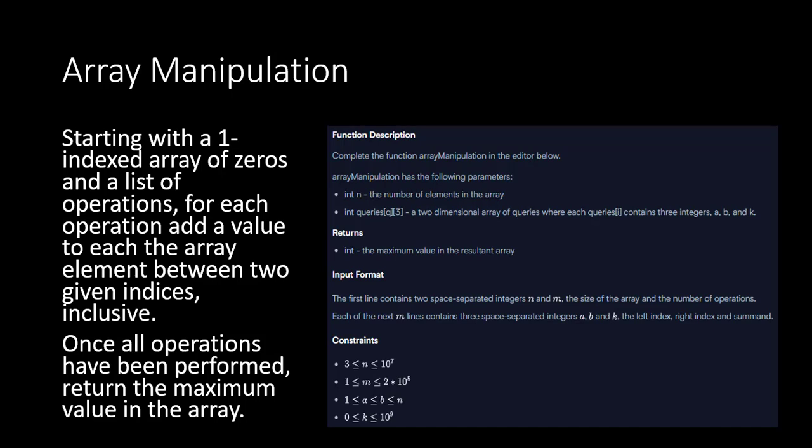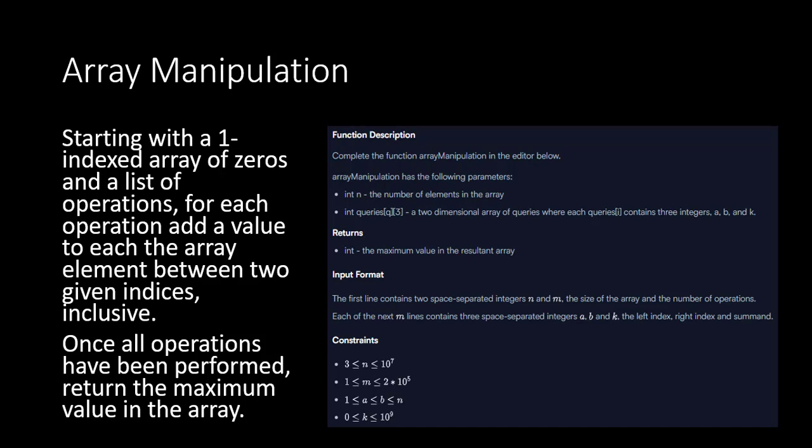If you look at the right side, there are two sets of inputs. First, we are taking how many elements there would be in the array, which is N, and next would be how many queries, or 2D queries, we are going to add. So the initial inputs are 2, and based on the second, how many queries, we will have subsequent inputs as well.